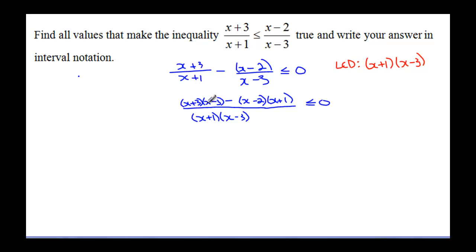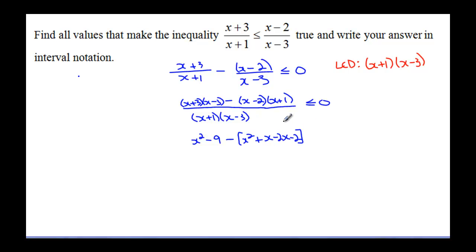Okay, so now I go ahead and work through this numerator. You can see actually this is the reverse of the difference of squares, so the numerator is going to be x squared minus 9. If you do the difference of squares on this, you will see that that's equal to that. And then I have a minus sign here, and let me work through this. So I'll put some brackets around this. I have to do a FOIL here, so I get x times x, which gives me x squared, plus x minus 2x minus 2.